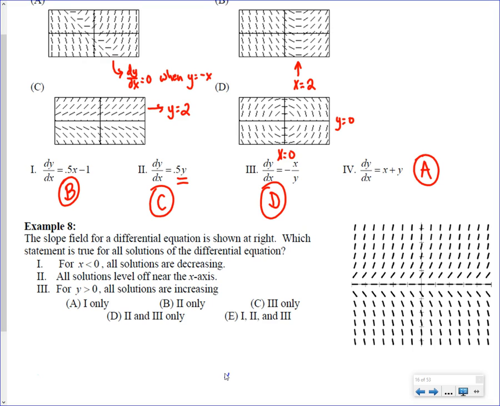Is the flow decreasing? Yeah. No. So for all x less than 0, yes and no, because if I picked a point right here, the solutions would be increasing. If I picked a point here, the solutions would be decreasing. But this one says, wait a minute, I'm to the left also. So no. Number 2, all solutions level off near the x-axis.